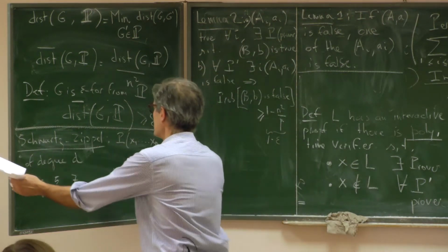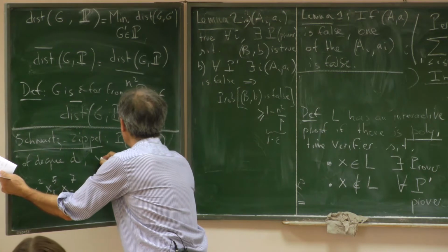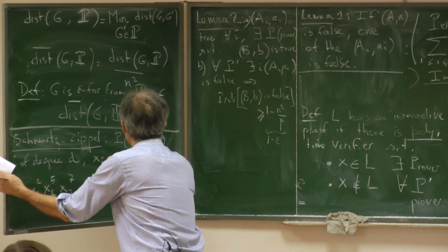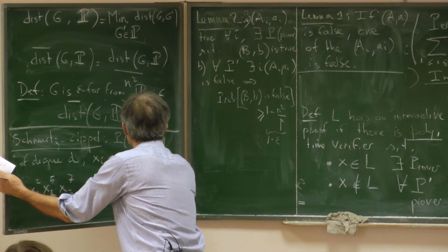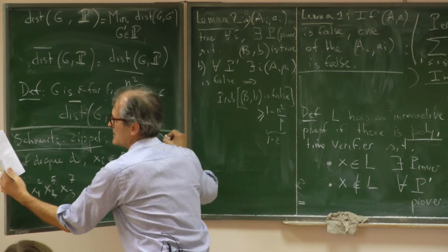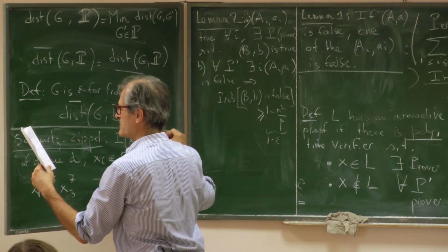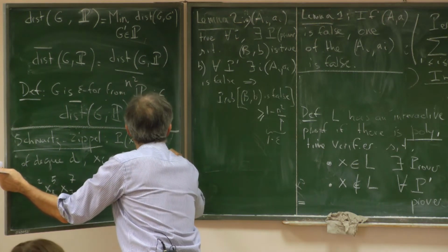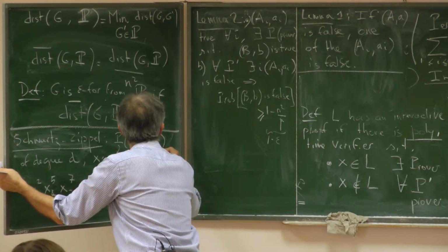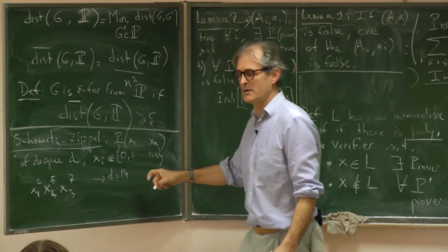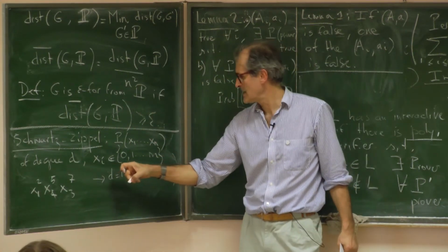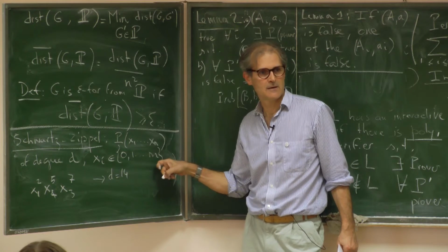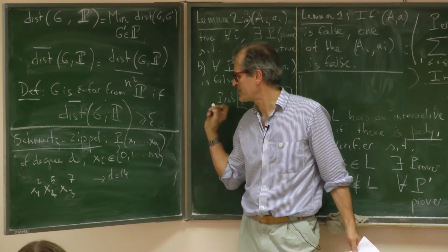Okay, so we're going to imagine that all the xi are on the domain 0, 1 up to a maximum value, which is called m. Okay, and of course I only consider that xi take integer values. Okay, so I have m plus 1 possible values.